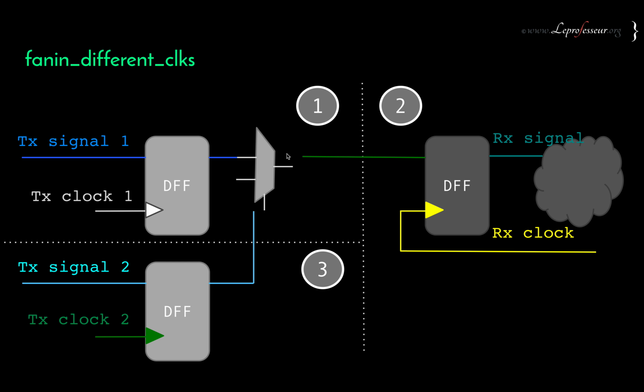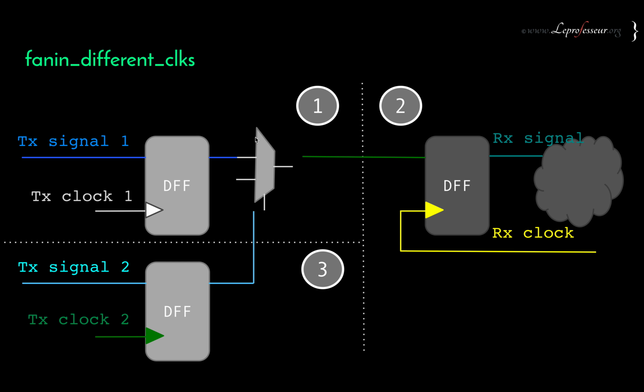Fan in from different clocks is another kind of violation, where you are fanning in to the RX clock domain, and the signals are combined via combinatorial logic, and the signal coming to your RX clock is a result of mating of these two signals.